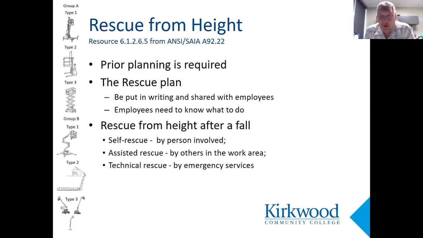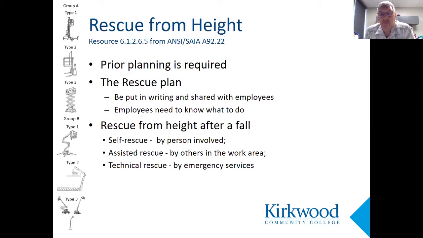How far do we train to be able to go up there and rescue that person? You really have to make that decision within your company. I talked to an employer who does roofing, and pretty much his fall protection plan, whenever they're on site, is to get with the local fire department and ensure that the fire department knows that they're there on site.